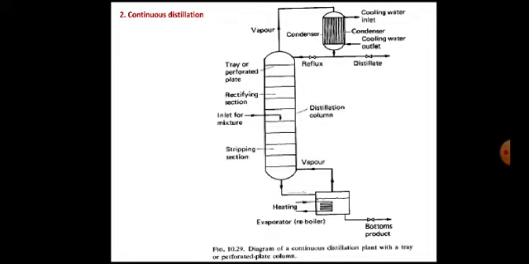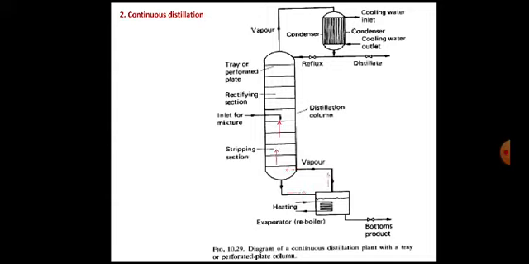Whatever liquid is initially taken into the evaporator, the evaporator will be responsible for the generation of steam, that is, the generation of vapors. These vapors will rise and enter into the distillation column.